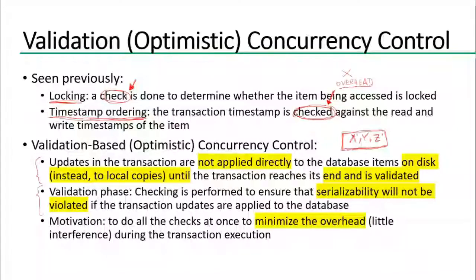So what you're trying to do is to do all the checks at once and at the end of the transaction. You make a copy, you start to work on the copy without checking because it's just a copy. After the transaction is over, then you will do all the checks.